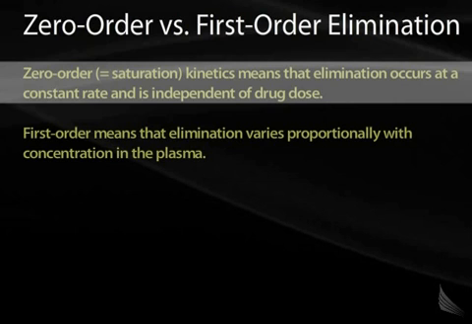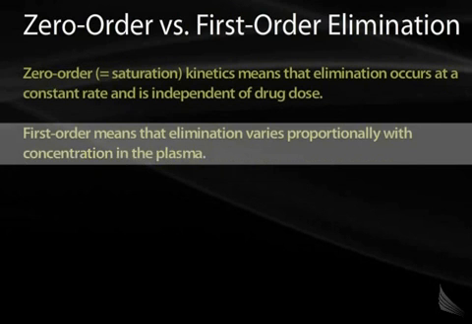Medications that follow zero-order kinetics show elimination that occurs at a constant rate and is independent of the drug dose and the concentration in the plasma. Other medications that follow first-order kinetics will have elimination that varies proportionally with the concentration of the drug in the plasma. We'll talk more about this.